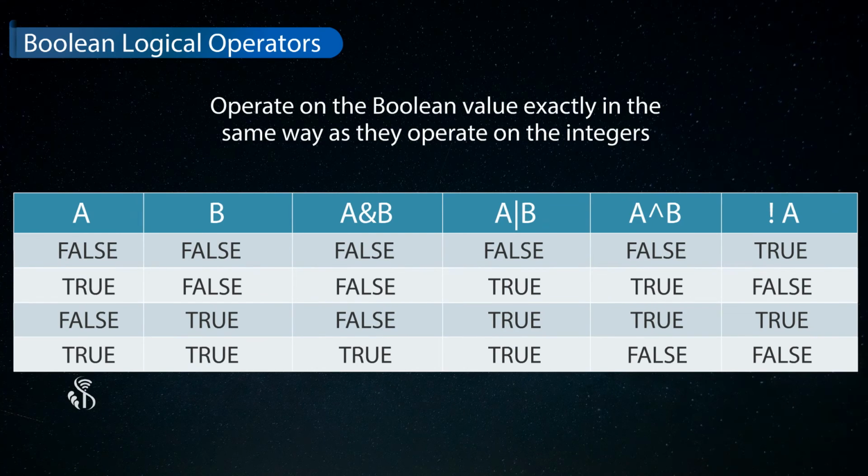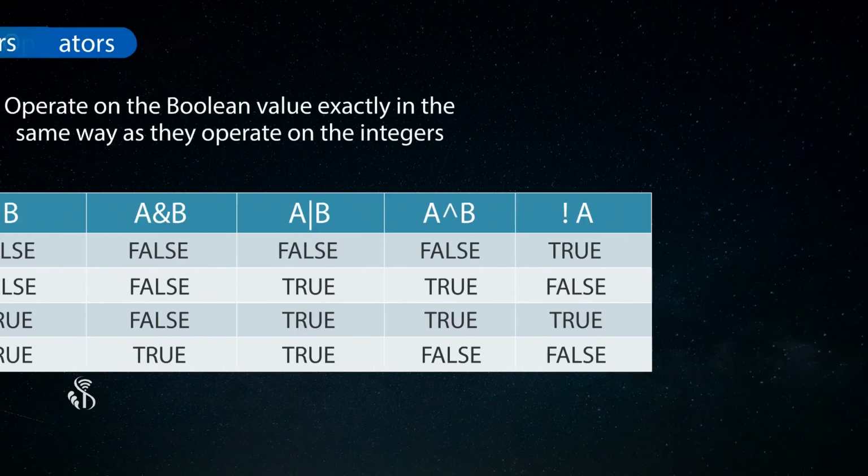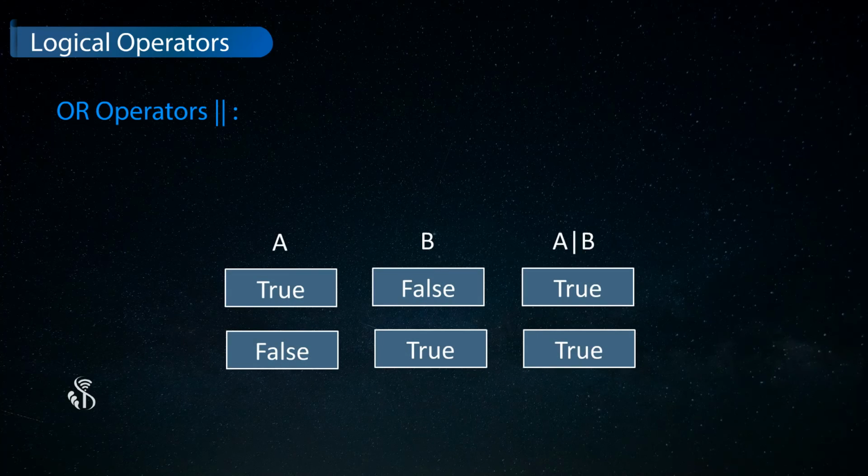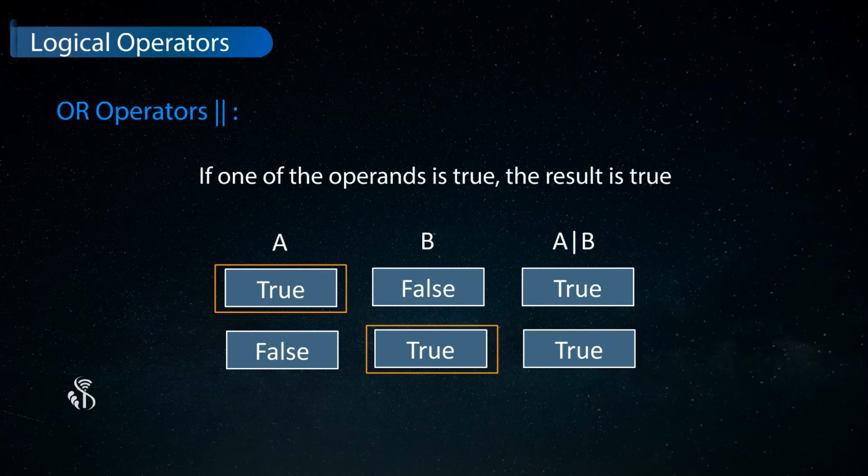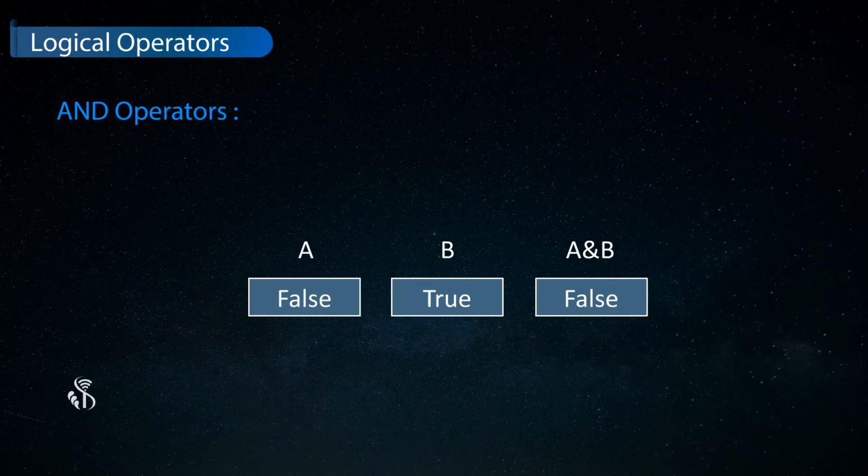The chart is as shown on the screen. Logical operators. OR operator. In logical OR operation, if one of the operands is true, the result is true. Similarly, for AND operation, whenever A is false, the result is false.